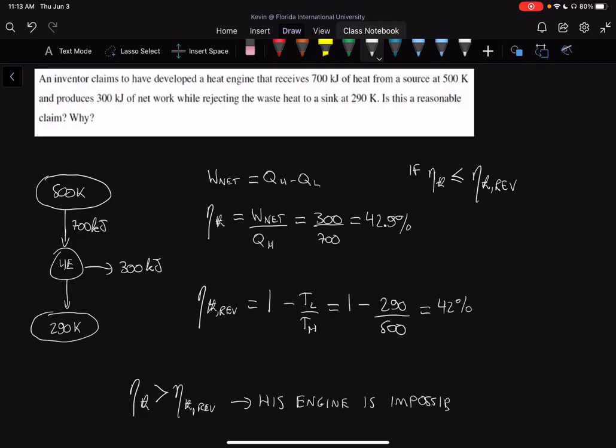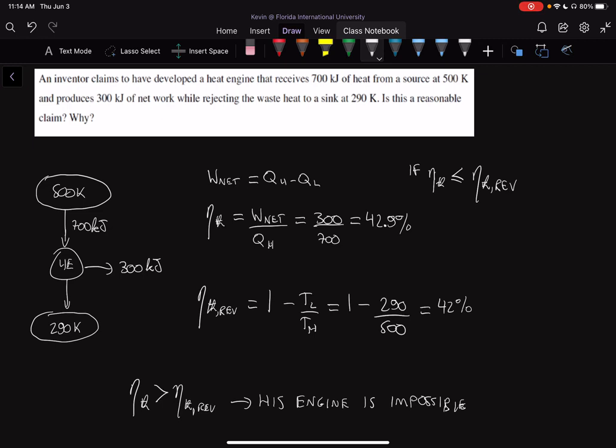There is no way that his engine can work between those temperatures, creating that amount of work from that amount of heat transfer. Okay, so a very simple problem just to see if the claim of the inventor was reasonable or not, and clearly it was not reasonable. Just a quick, simple problem.